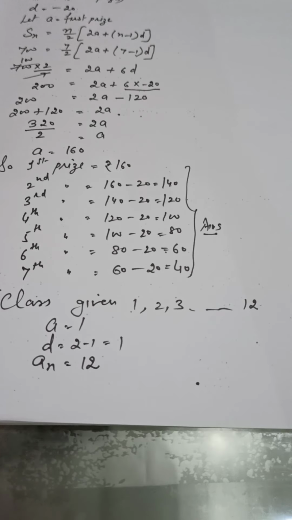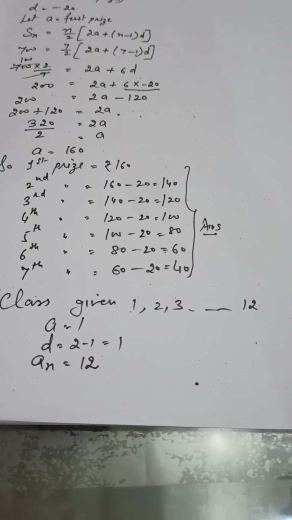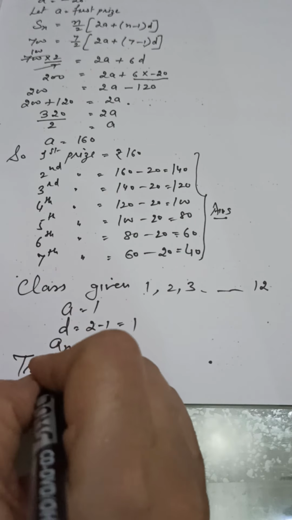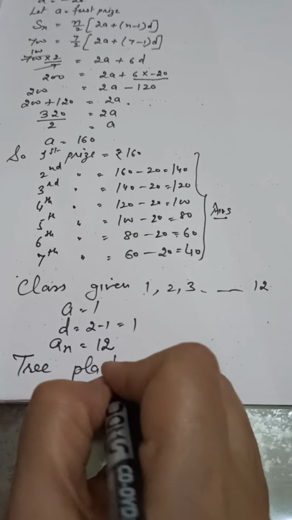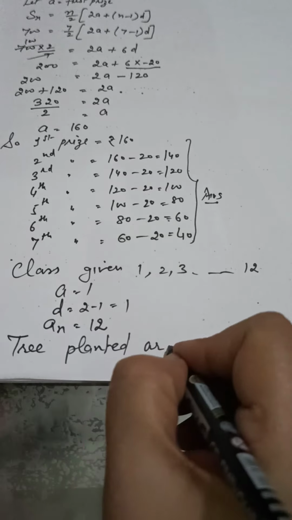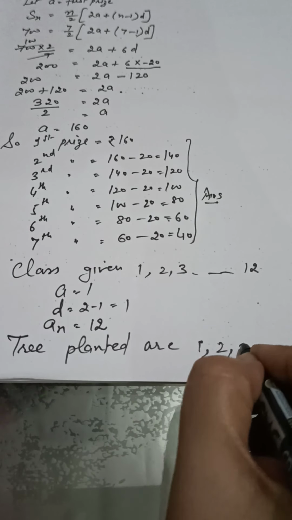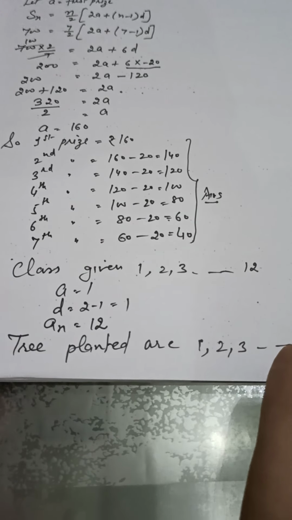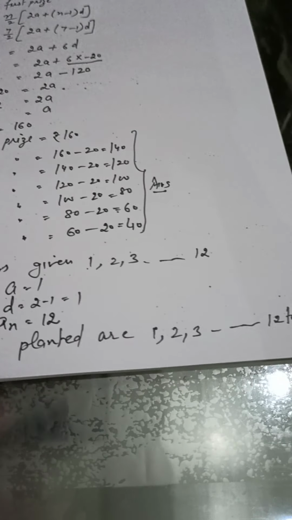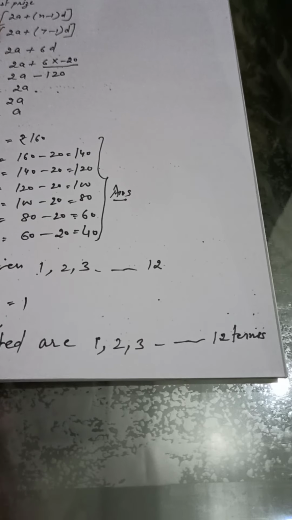Now we can say n is also equal to 12, and trees planted are 1, 2, 3 up to 12 terms.